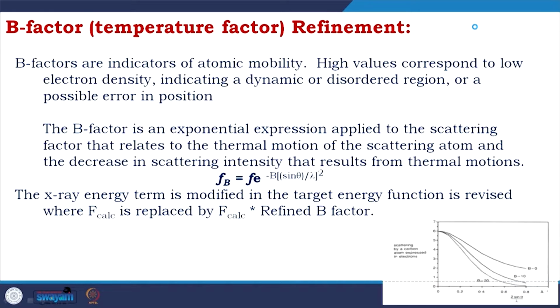So, if you look here, scattering by a carbon atom expressed in electrons. Because carbon has 6 electrons, you see that it starts from here. Now, when you put this with different B factors, B equal to 0, B equal to 10, B equal to 20, the change in the angstrom minus 2, sin theta by lambda value.